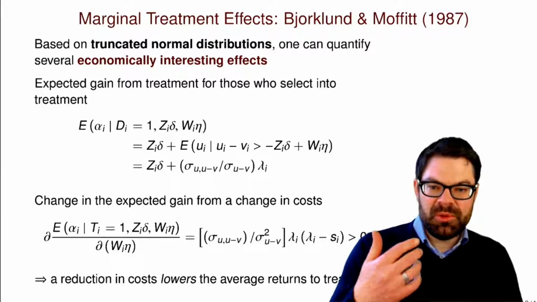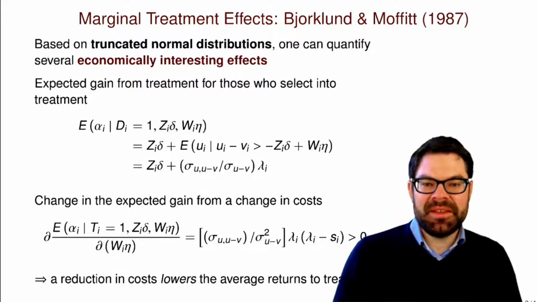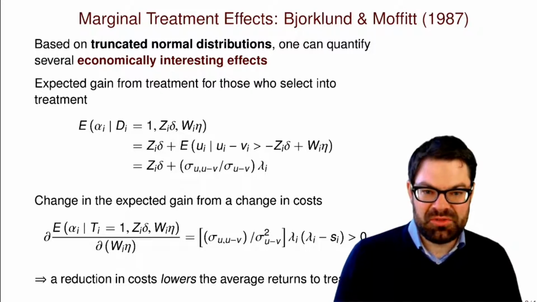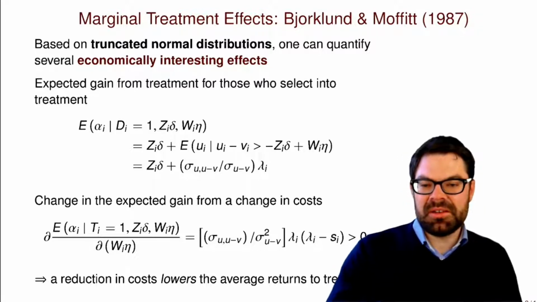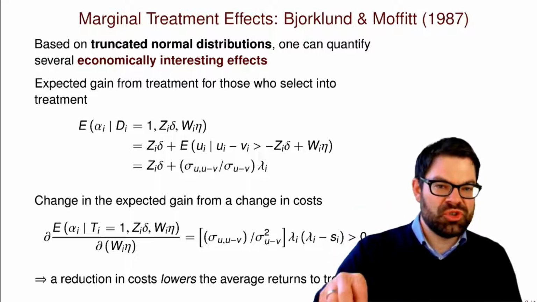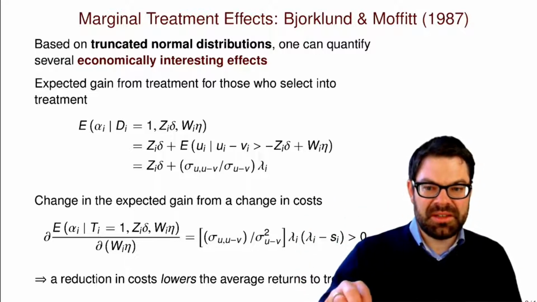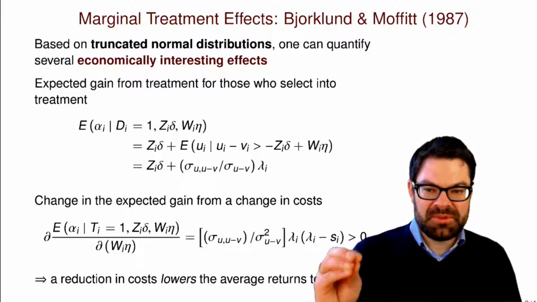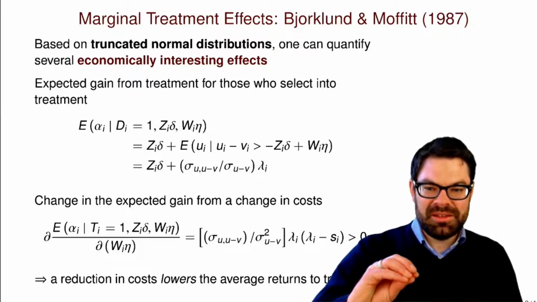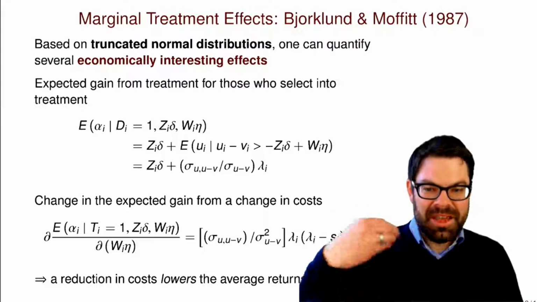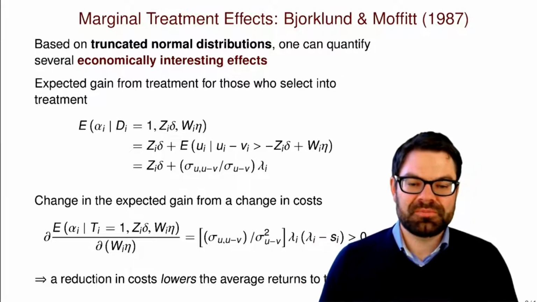For example, we want to know what is the expected gain from treatment for those who selected into the treatment. We're not after the average outcome here, so it's not the gain in terms of outcome. It's purely the gain in terms of getting the treatment or not.